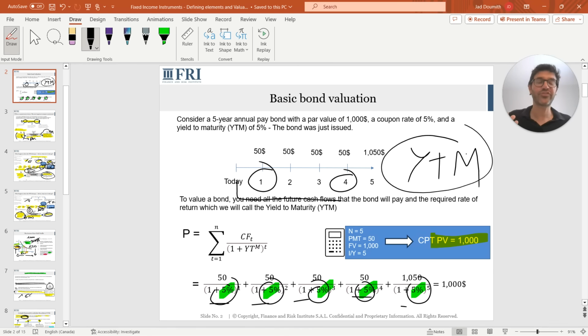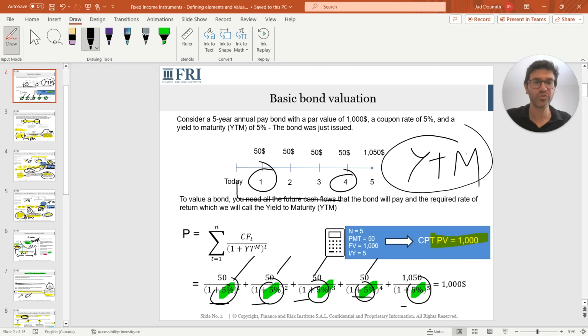You might ask yourself or ask me, why is this a problem? It's a problem because the different levels of risk between the 1st, 2nd, 3rd, 4th, etc. cash flows are not clear, they're not apparent, they're not appearing anywhere if you use the same rate, which is the yield to maturity.